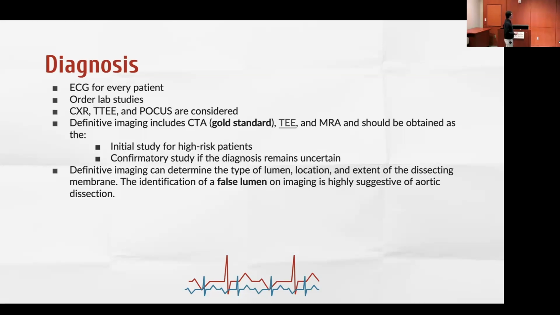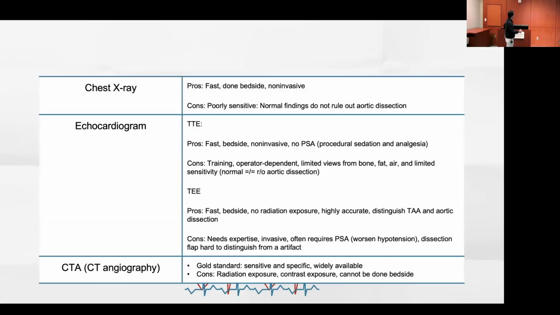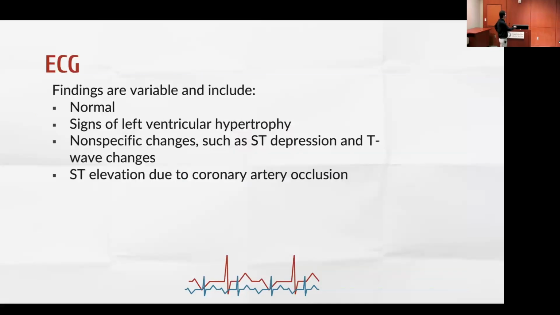Because of that, we can identify a false lumen via a CTA. This table I've included as a reference for you. It's pros and cons, but the main takeaway is that CT angiography is the gold standard for imaging of dissection in hemodynamically stable patients.